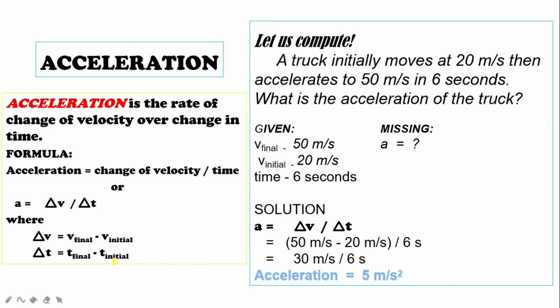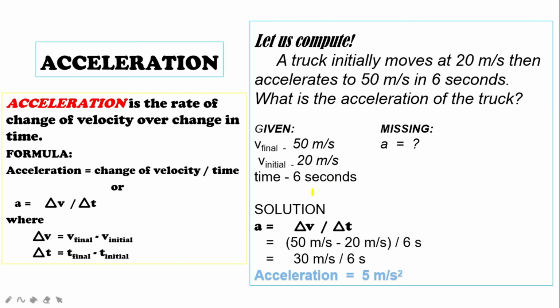So let us compute. A truck initially moves at 20 meters per second, then accelerates to 50 meters per second in 6 seconds. So what is the acceleration of the truck? Given Vf is equal to 50 meters per second, initial velocity 20 meters per second, and time 6 seconds.